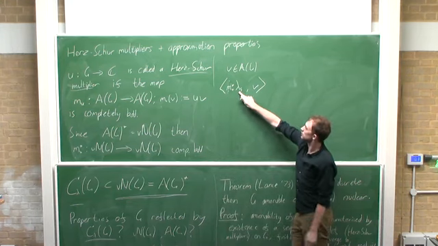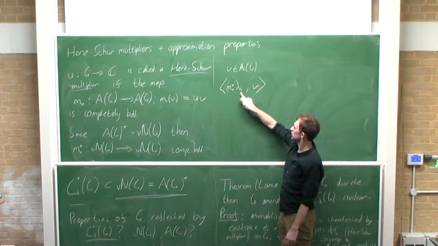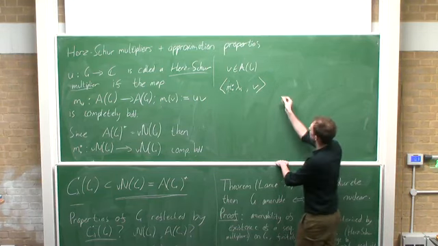So these lambda sub S generate the group von Neumann algebra. So we want to look at how it acts on the generators.